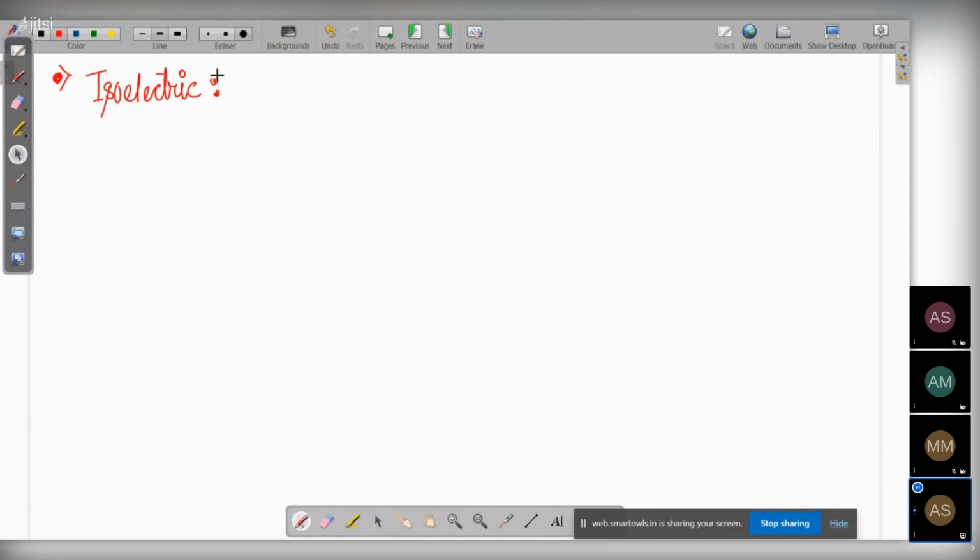So isoelectric are species which have the same number of electrons. Now what do I mean by species? This can be atoms or ions. It can be atoms or ions having the same number of electrons.